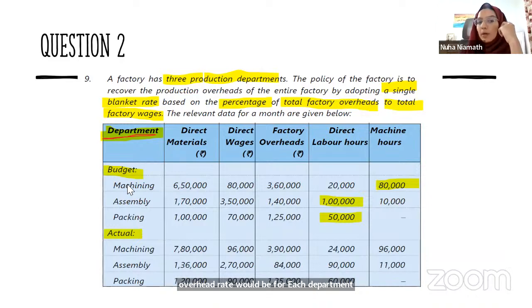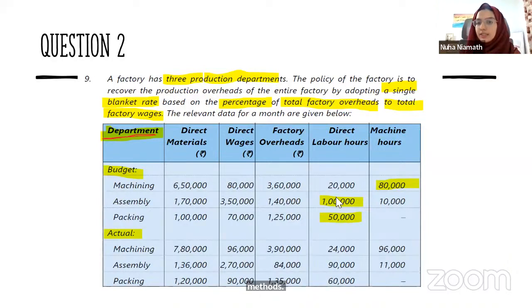For the machining department, we can absorb it based on machine hours. For the assembly department, on the basis of direct labor hours. For the packing department, based on direct labor hours. Is everybody following the different types of absorption methods here?